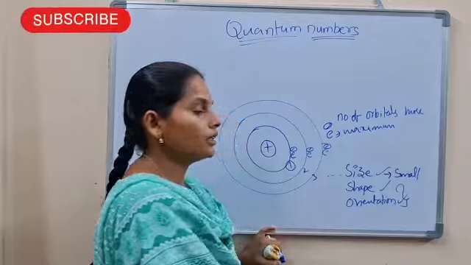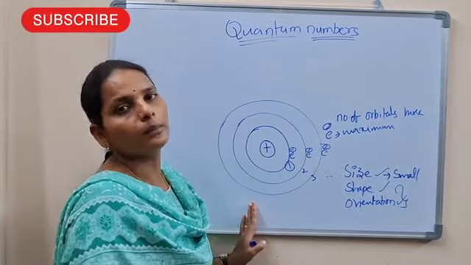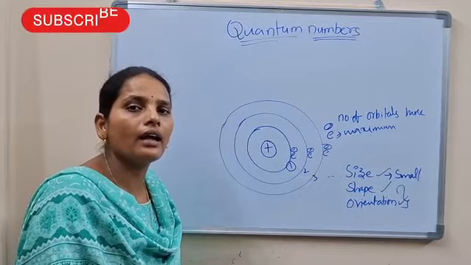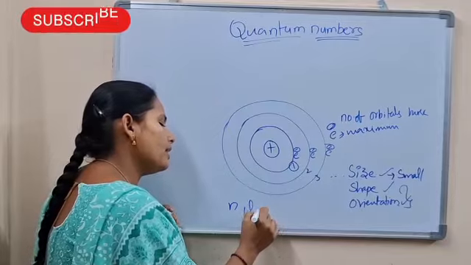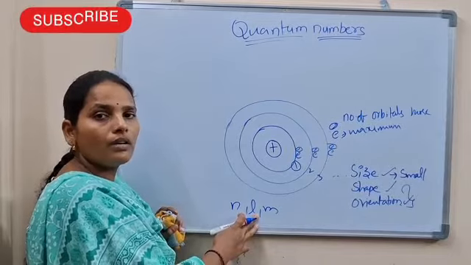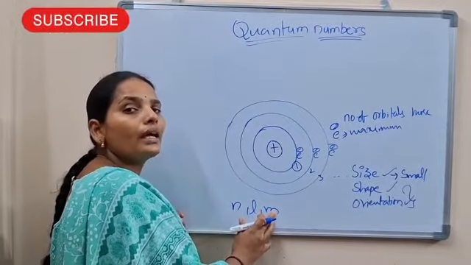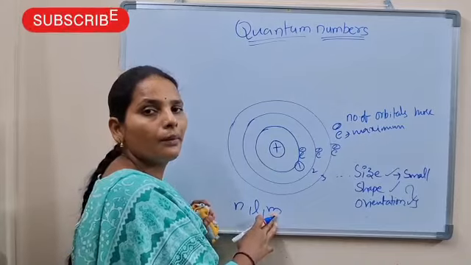Depending on these distinctions, the scientists provided the quantum numbers. Each atom is explained by three quantum numbers: N, L and M. Here N is the principal quantum number, L is the azimuthal quantum number and M is the magnetic quantum number, and one more, which is the spin quantum number.